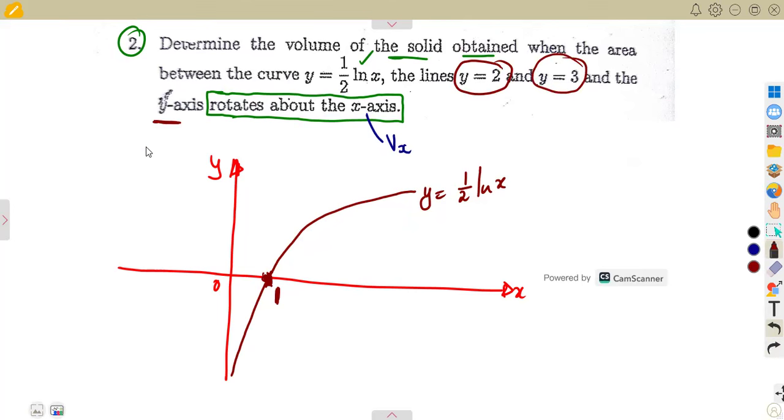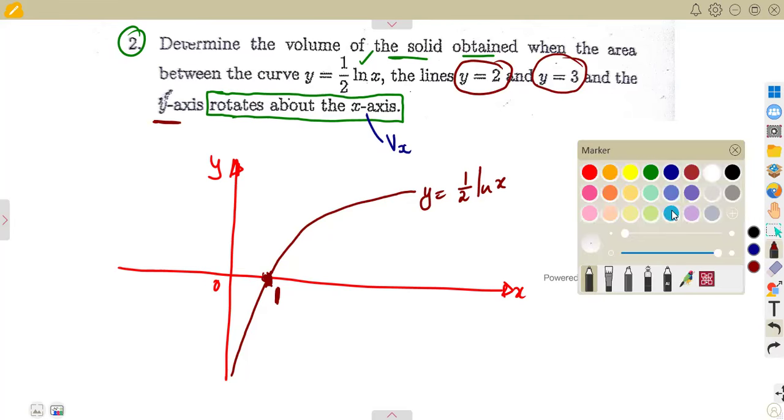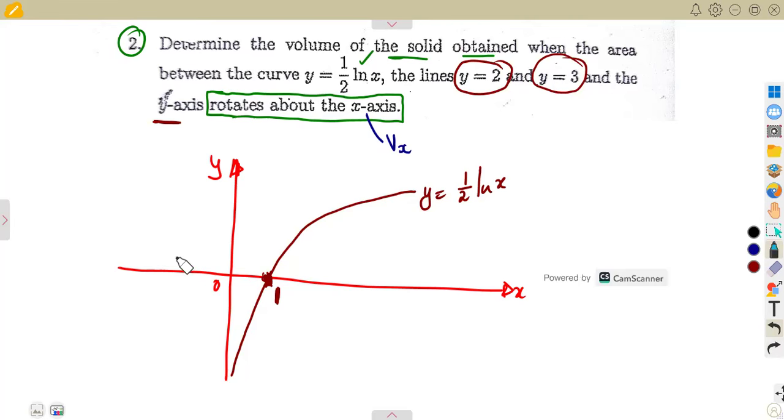All this information that we are given there is to locate the position of the area to be rotated to give us a volume. Y is equal to 2, remember, like in the x-axis, that's where y is equal to 0.